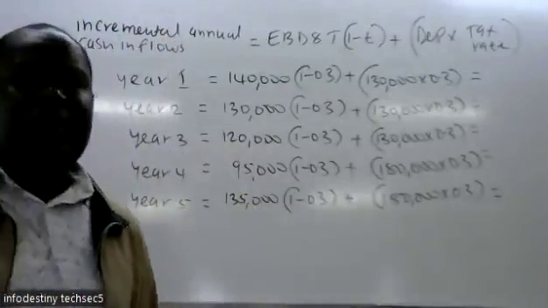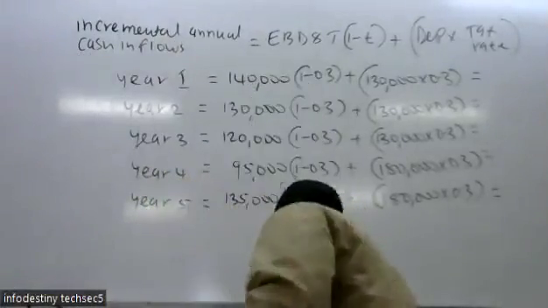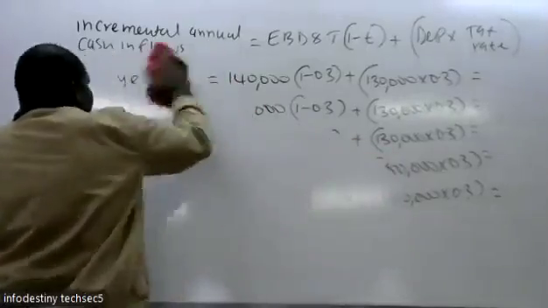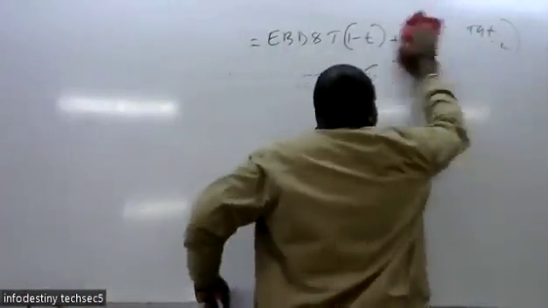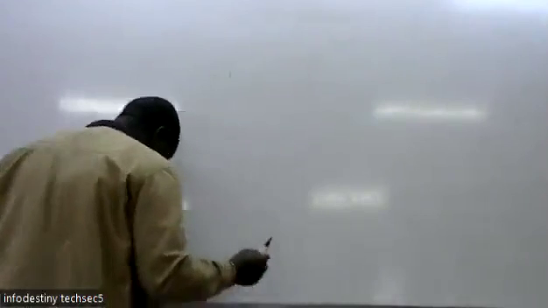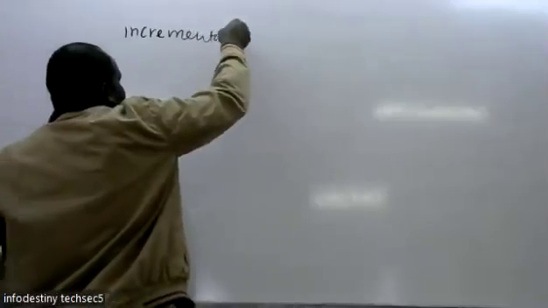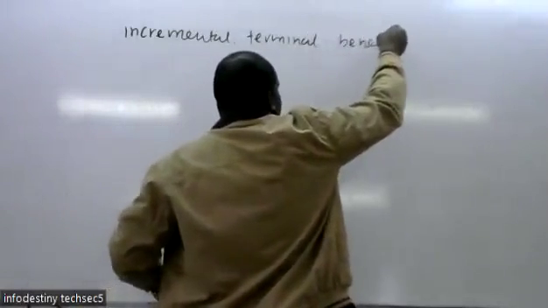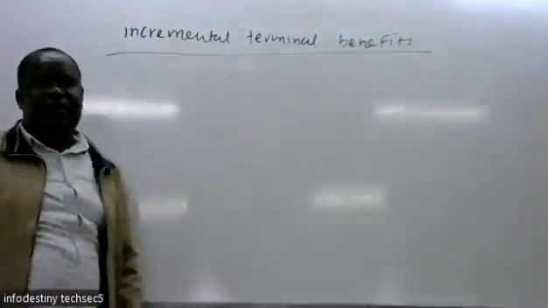We have step number 5, where we come up with the incremental terminal benefits.